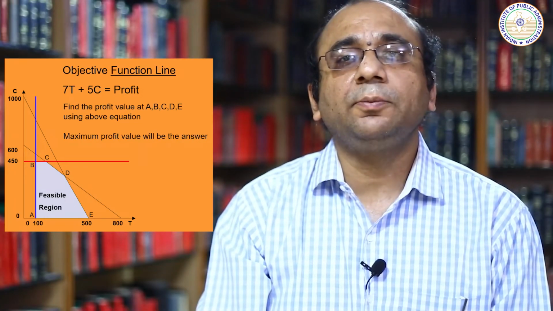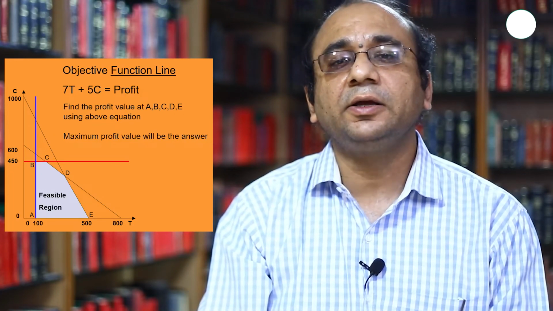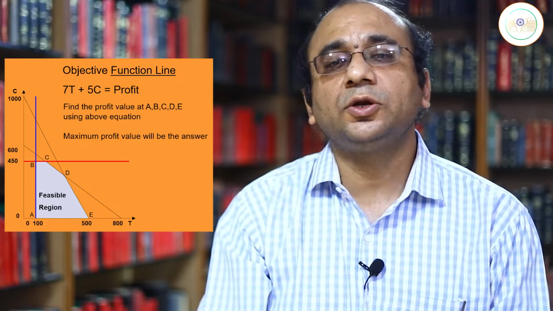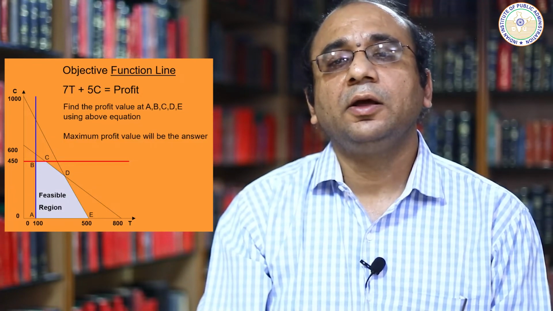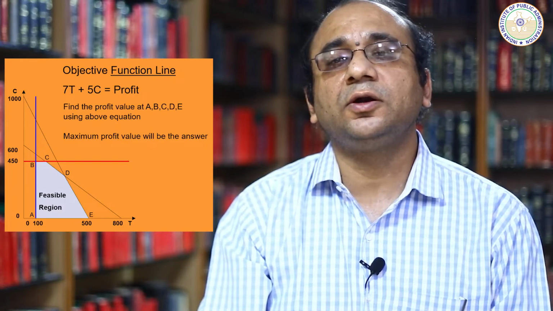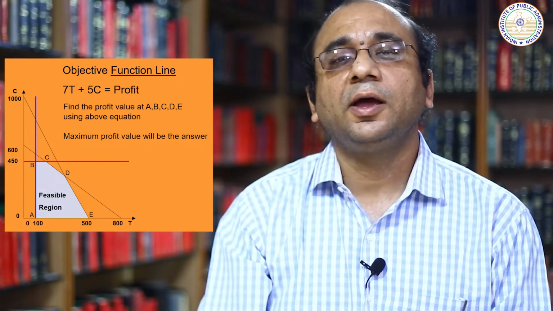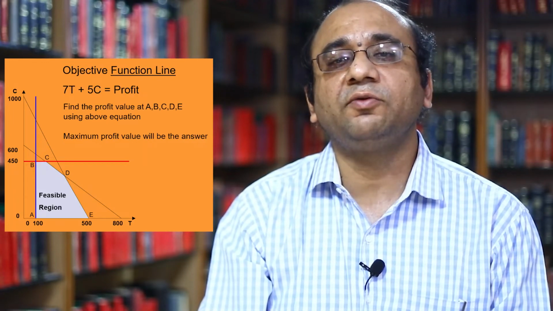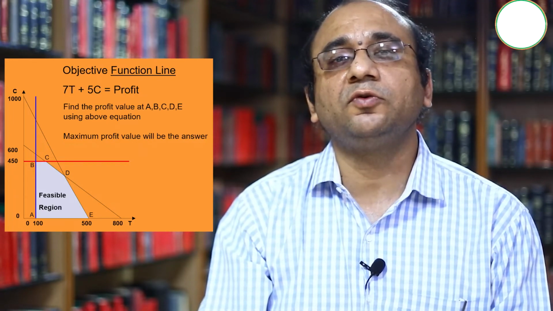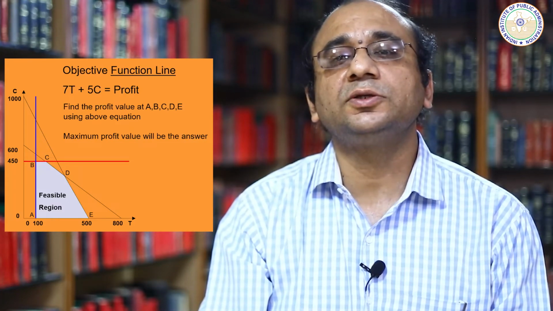So you solve where the equations are intersecting at all the extreme points. With the solution you will find that T equal to 320 and C equal to 360 is the best solution, and if you put it into the objective function, the value will be 4040, which is the best possible solution.